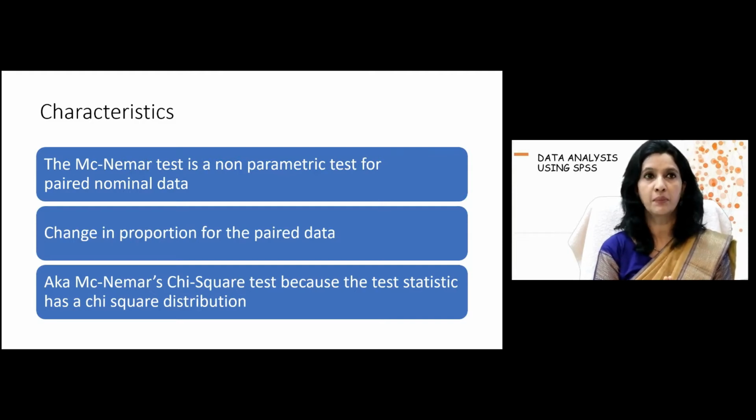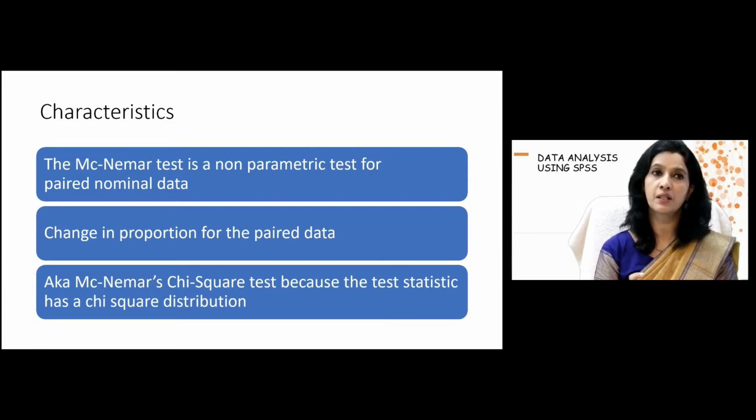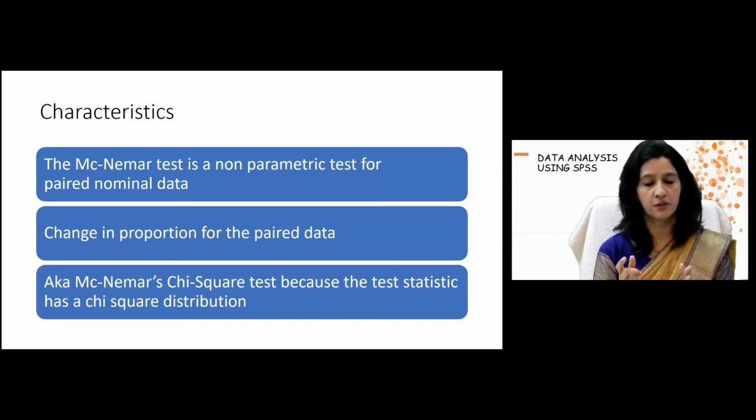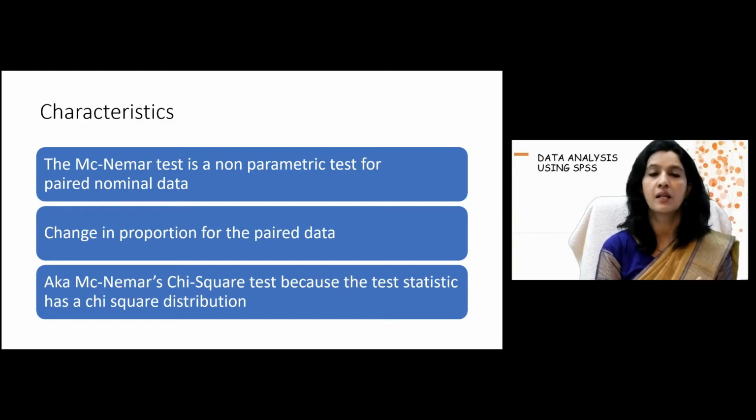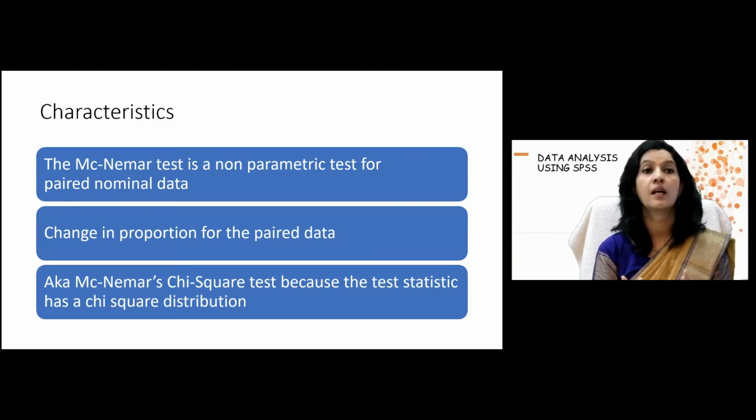So the McNemar test is a non-parametric test for paired nominal data or categorical data. And we measure the change in the proportion of the paired data. But again, the McNemar test uses the chi-square statistic. That's why it is also known as the McNemar chi-square test.